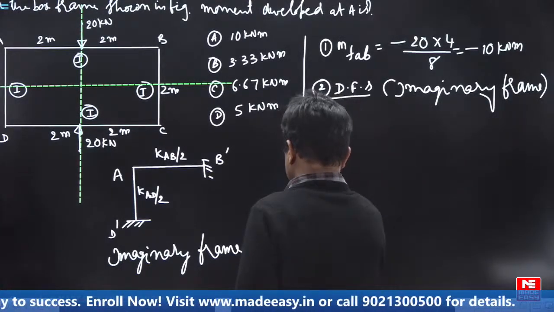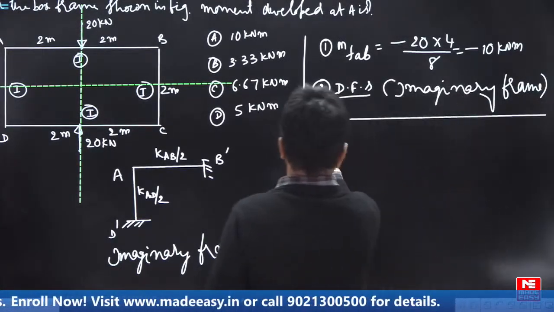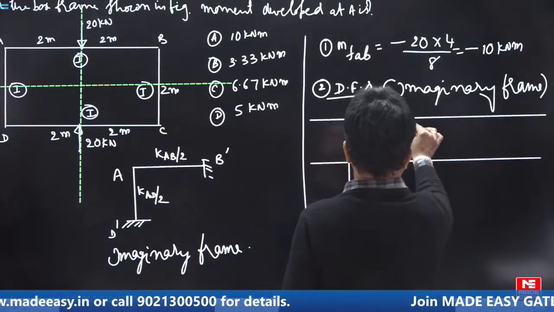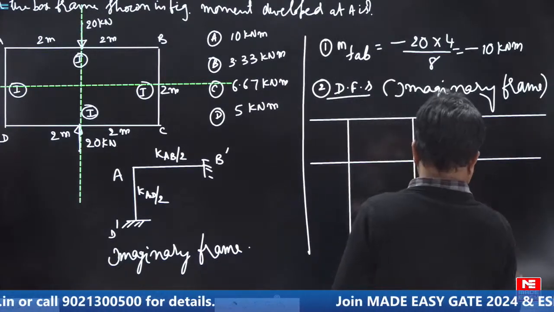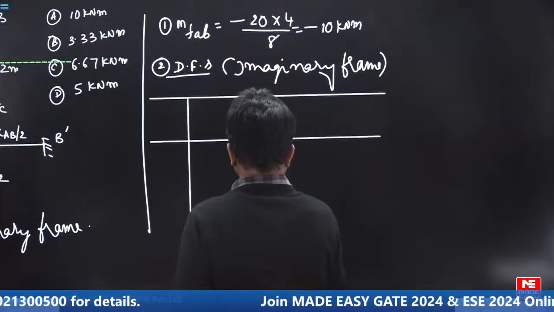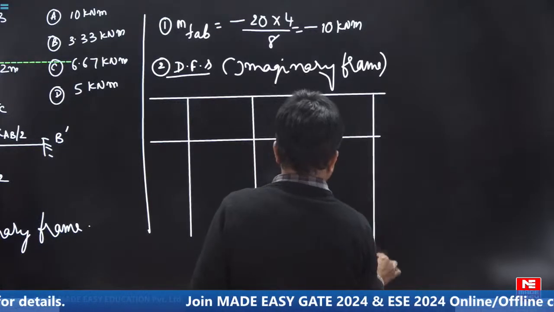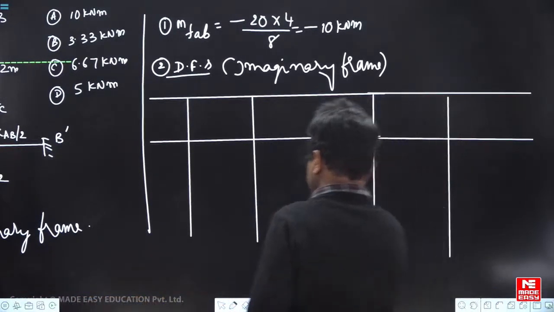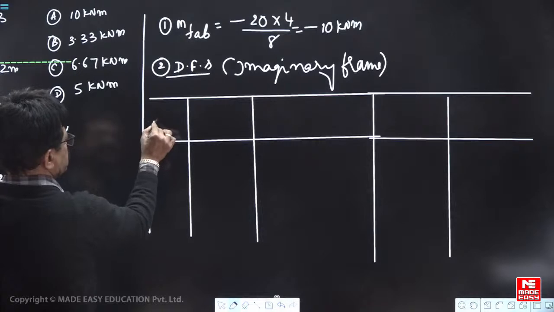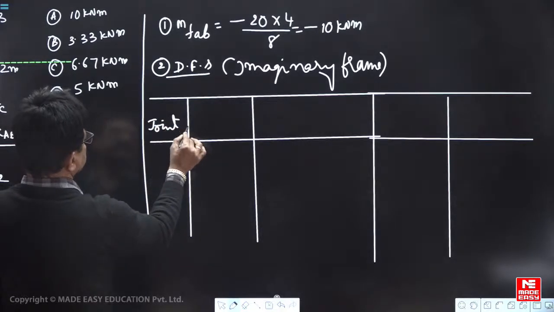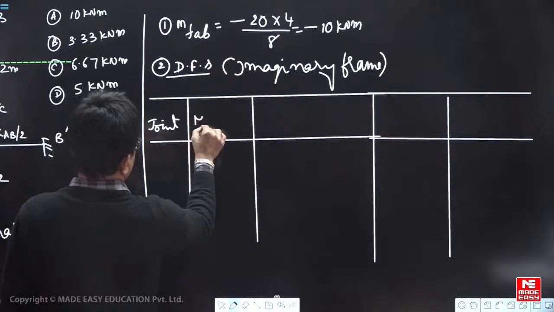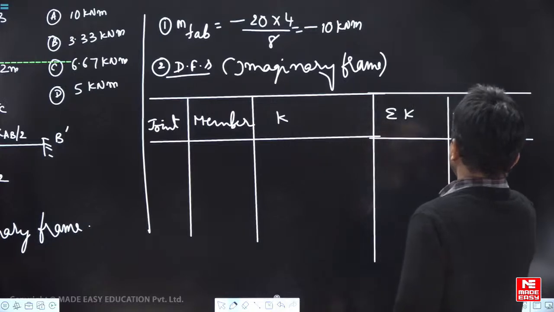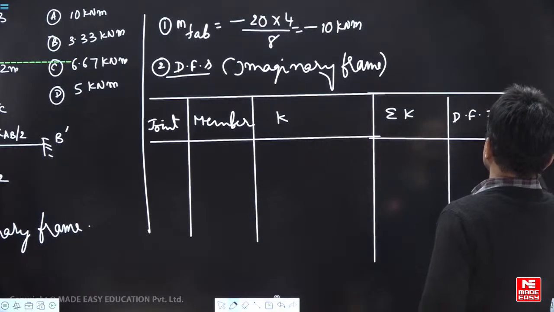So joint, member, K, sigma K, distribution factors. Now you see, you take joint, member, K, sigma K, and distribution factors are K by sigma K.